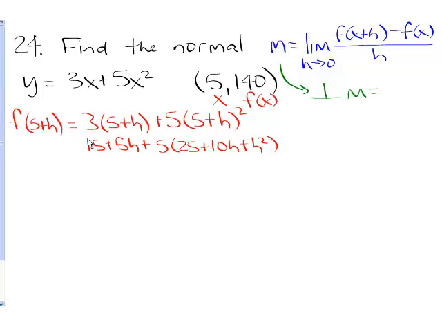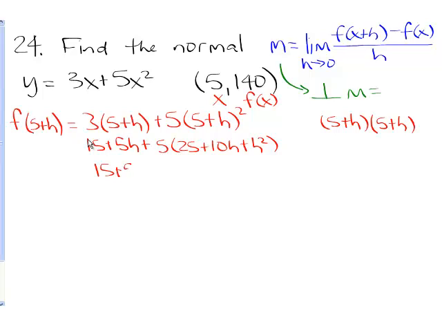Square the last term, so h squared is h squared. And then 2 times 5 times h, and that's 10h. That's the quickest way to square out a binomial. And if you need to run over to the side and do it, run over to the side and do it. Foil that puppy out. Okay?